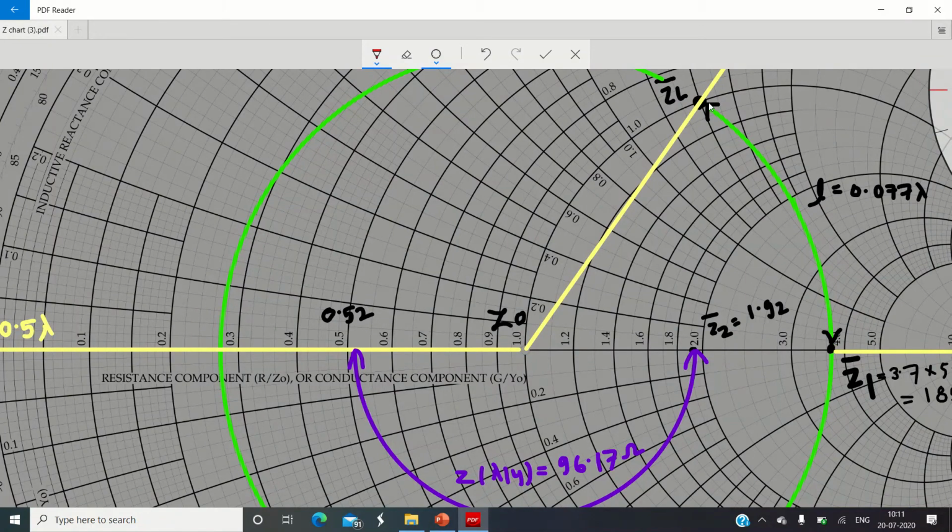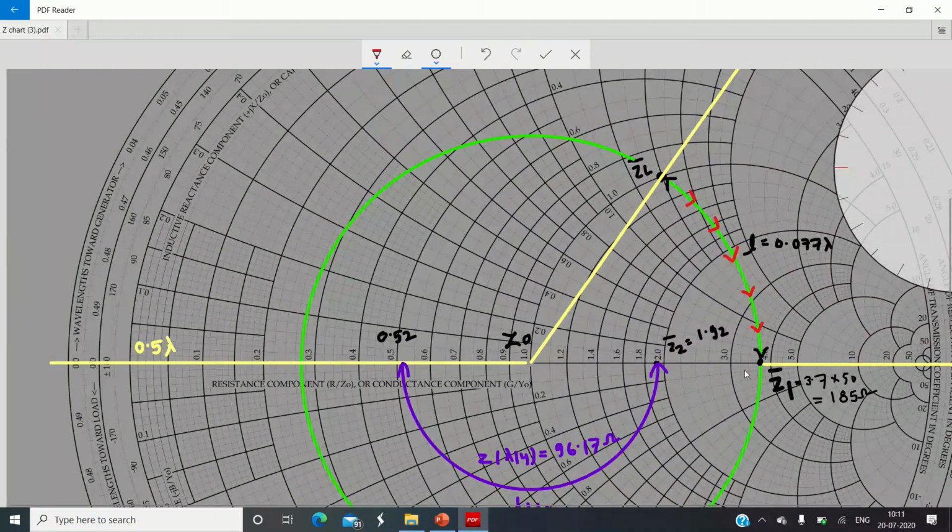From ZL bar, we traveled on the VSWR circle till we got an intersection with the real axis on this side. See the arrow direction, how we traveled. This particular path converts the complex load impedance ZL bar into a real valued impedance, Z1 bar, which is shown over here.